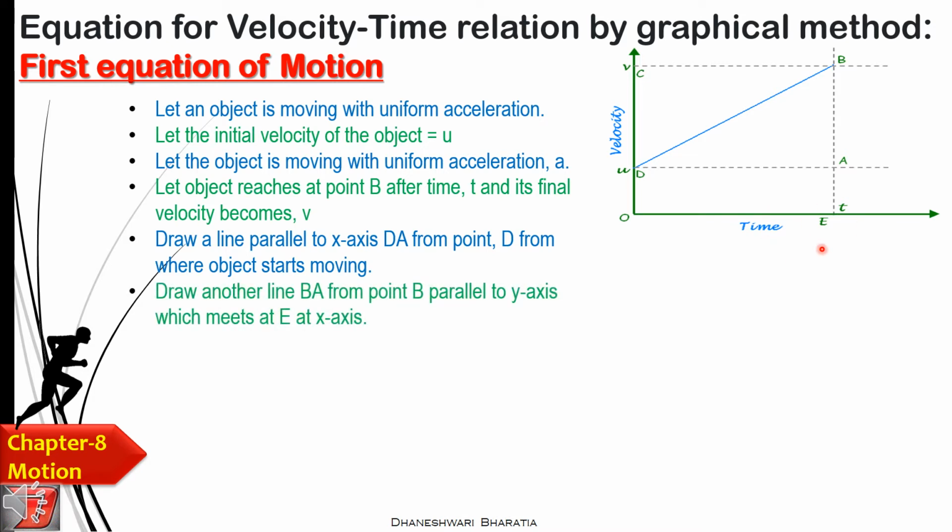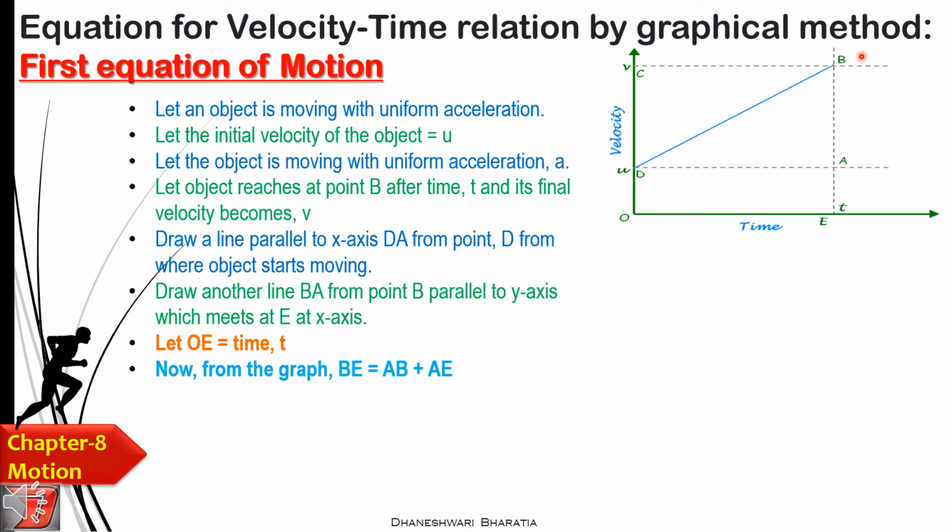We have to draw another line BA from B, which is what I have discussed right now. Now let time OE, means with this interval of time the object has reached from here to here, यानी ये ड्यूरेशन को क्या हम देंगे, small t, because in t time the object has reached point B.